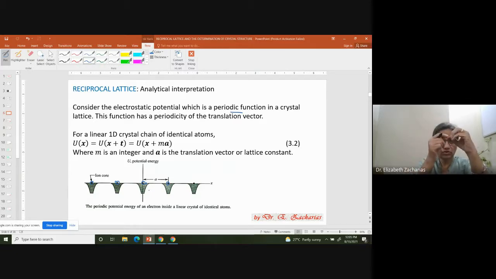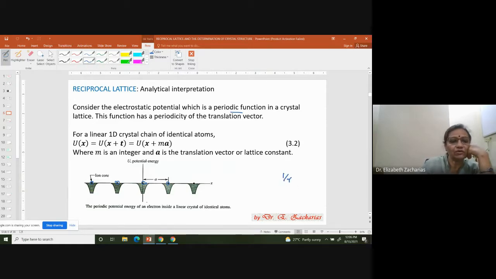The closer they come, the larger will be that negative potential energy. When they are far away, potential energy is less negative. And when they are really far away, the potential energy can become zero. So there is actually a 1 by r dependence.